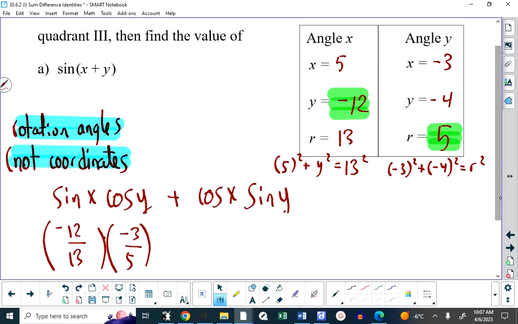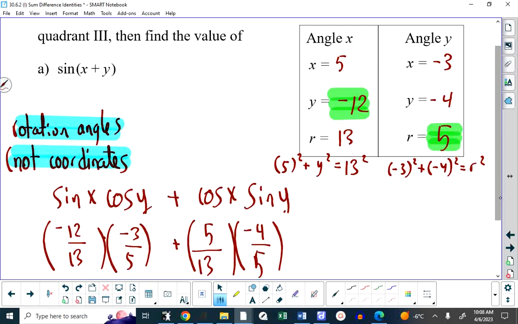Cosine of angle x is x over r. Sine of angle y is y over r. Just want to double check all that. That's a sine, that's a cosine, that's a cosine, and that's a sine.